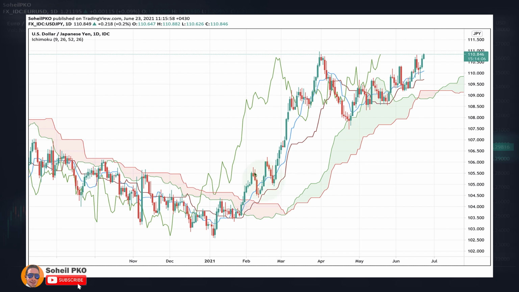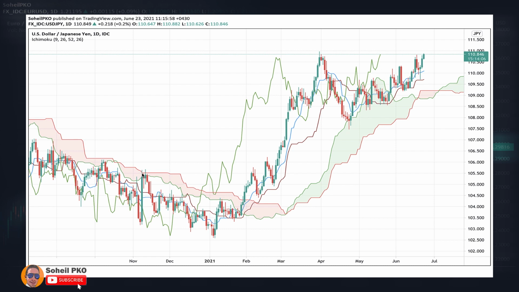For example, here an aggressive trader may decide to enter a long position when the price crosses above the conversion line, or another one here, or here in this downtrend that I explained about these conversion line and baseline crossovers. An aggressive trader may choose to enter earlier when the price crosses below the baseline or conversion line, and this can provide them a better entry price. But as I said, this is not always the case, and these signals are less reliable and can expose more risk to your position.